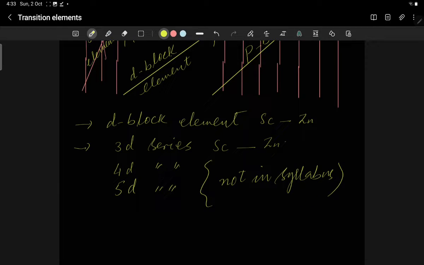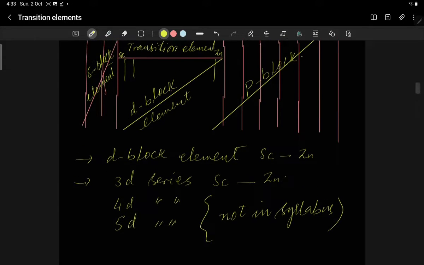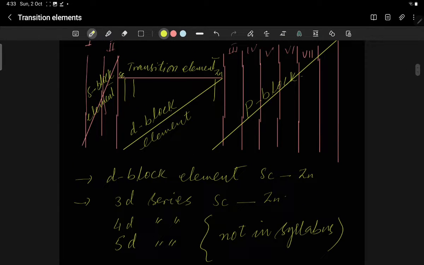So we will discuss only the 3d series, which are over here: scandium, then titanium, vanadium, chromium, manganese, iron, cobalt, nickel, copper and zinc.